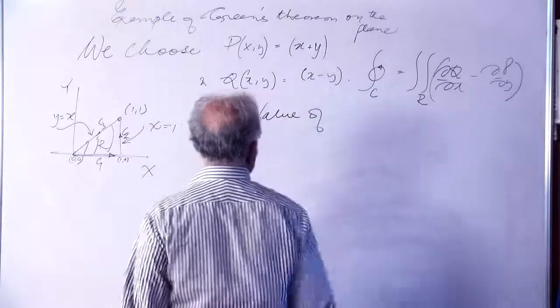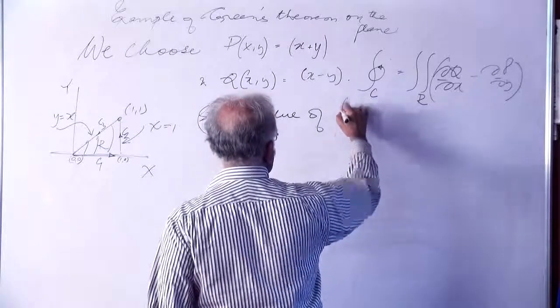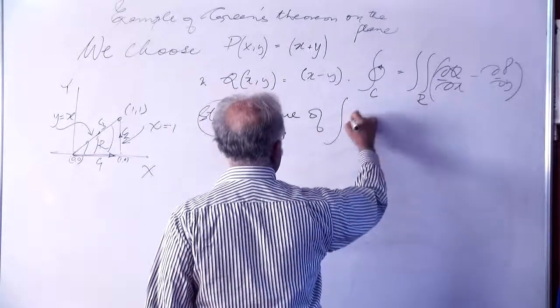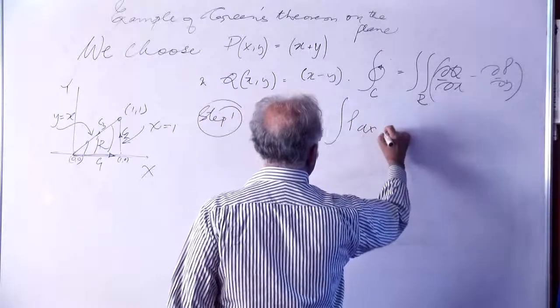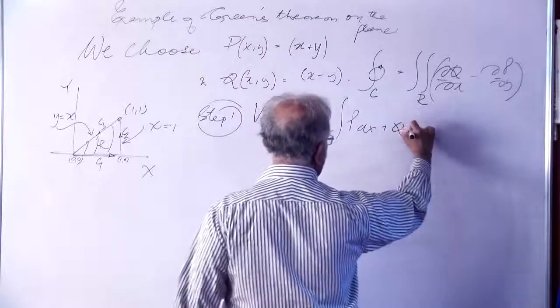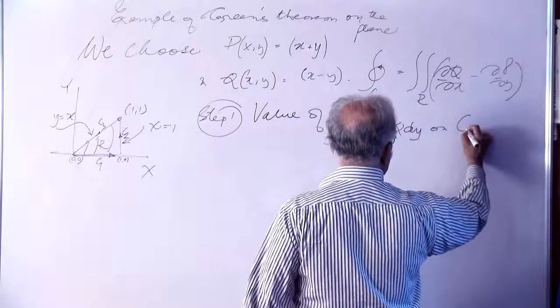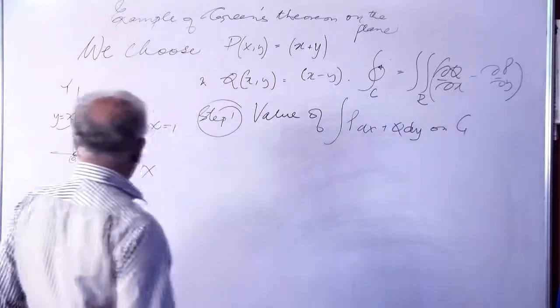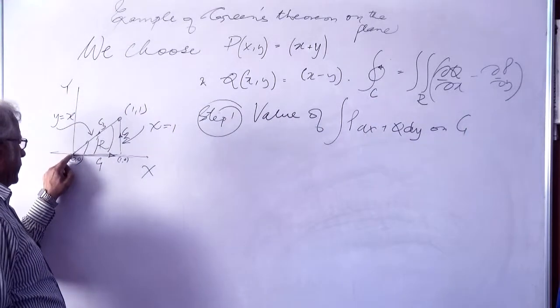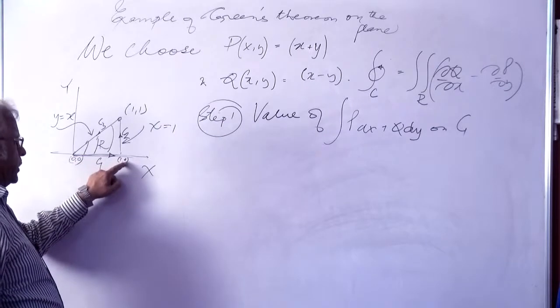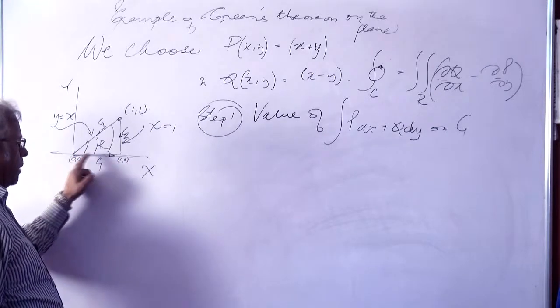Value of the integral of P dx plus Q dy on C1. So C1, as we said, is the line merging with the x-axis and going from 0, 0 up to 1, 0.